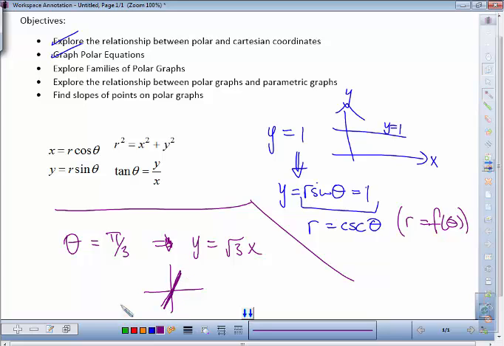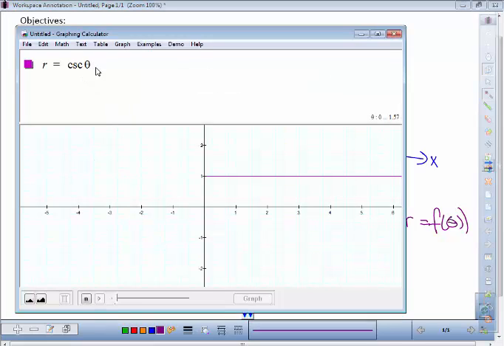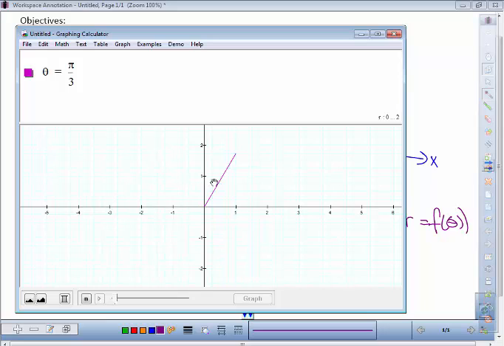Okay? We can confirm that as well using this graphing calculator program. If I type theta is equal to pi over 3, you see that little bit of a line. Now, because this is a function of theta and I'm not putting a restriction on r, the graphing program puts a restriction on r for me.